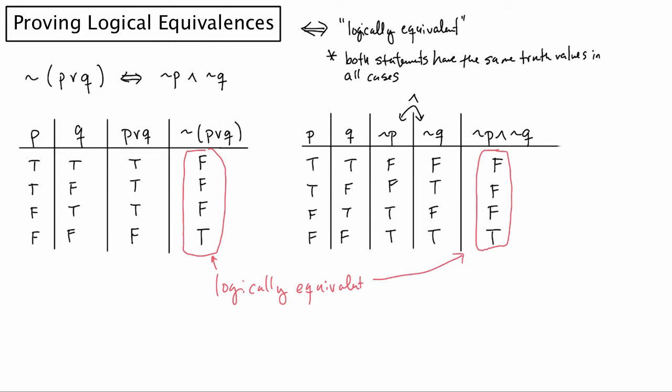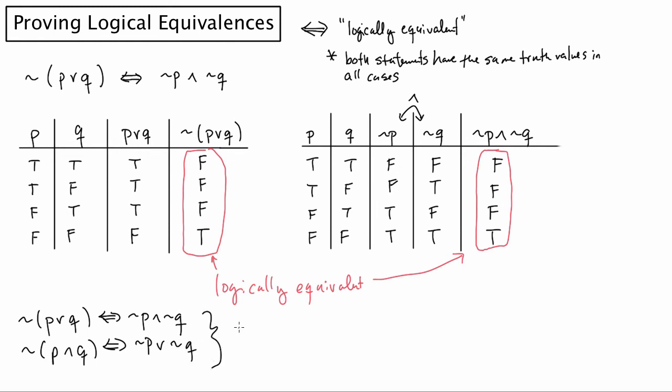Now, this is a special logically equivalent statement known as one of De Morgan's laws. Let me go ahead and write those down. Not (P or Q) is logically equivalent to not P and not Q. That's the one we proved here. And then the other De Morgan's law is not (P and Q) is logically equivalent to not P or not Q. So together, these form what are called the De Morgan's laws.